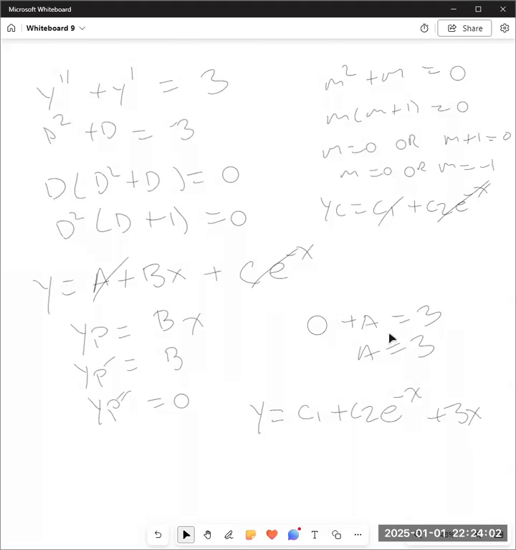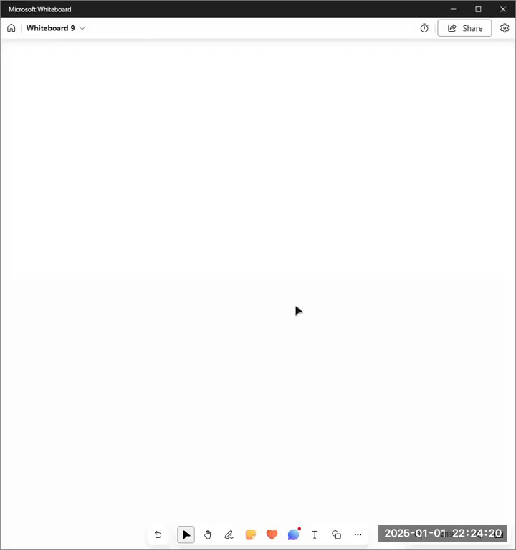All right, let's move on here to the next example that I have. That is y double prime plus 4y prime plus 4y is equal to 2x plus 6.